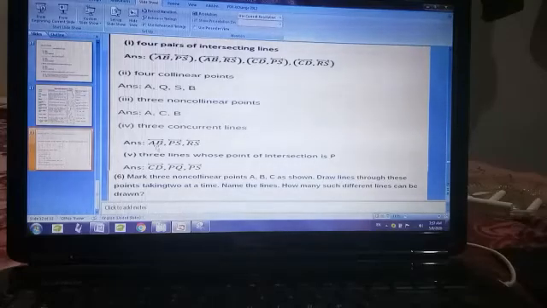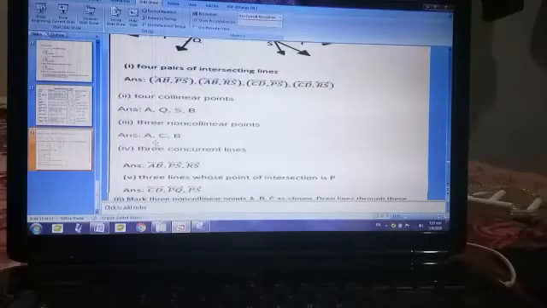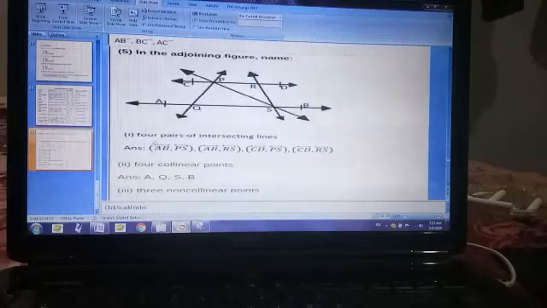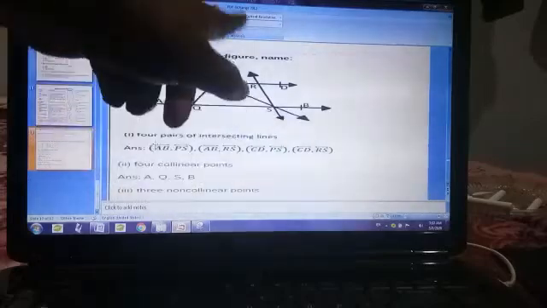Three concurrent lines. Concurrent lines are three or more lines which pass through the same point. Here AB, PS and RS. See here, AB, PS and RS.